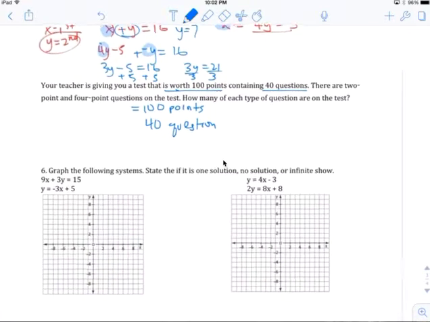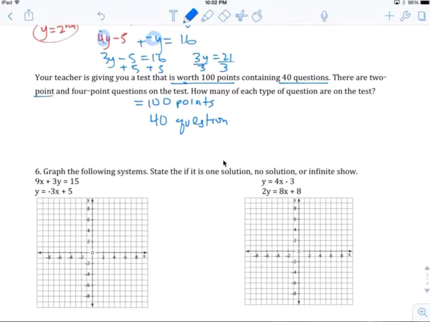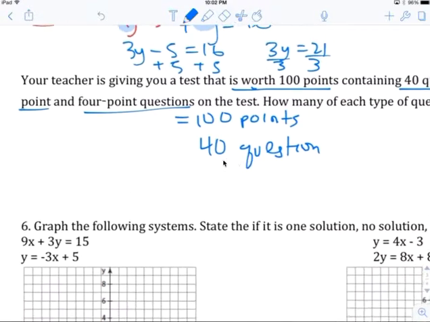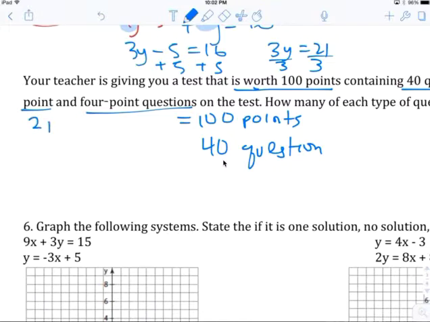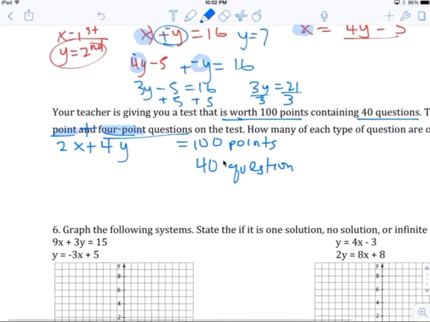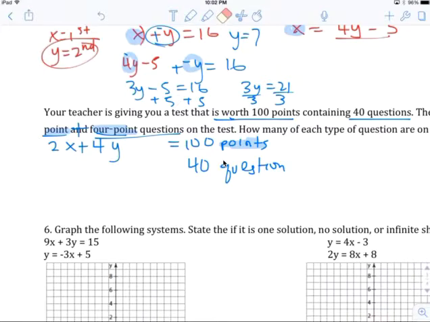There are 2-point and 4-point questions. 2-point questions, 2x, and 4-point questions, y. 4 points is different, so it gets a y, equals 100 points. Because these are points, they line up with that 100 points.